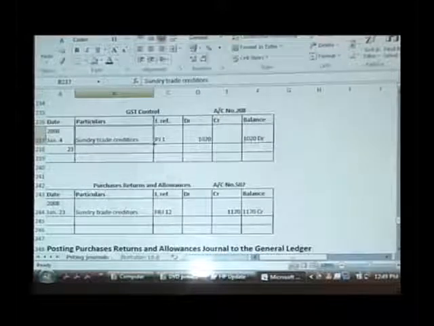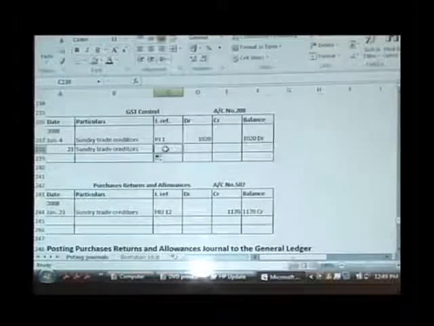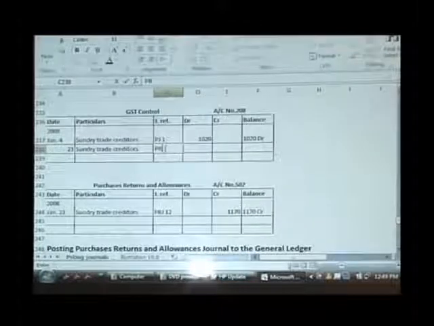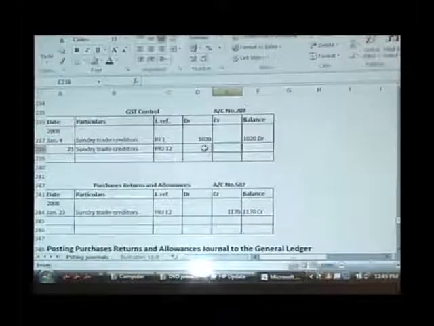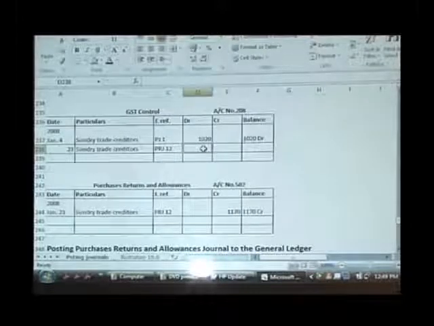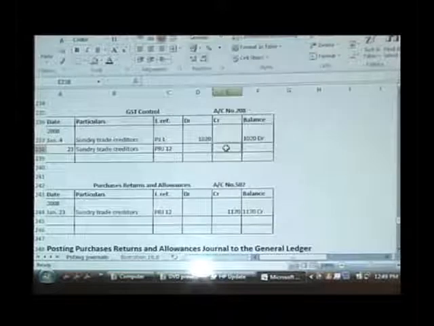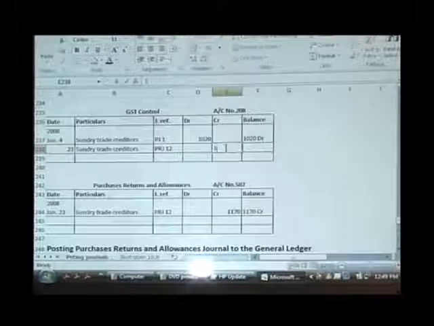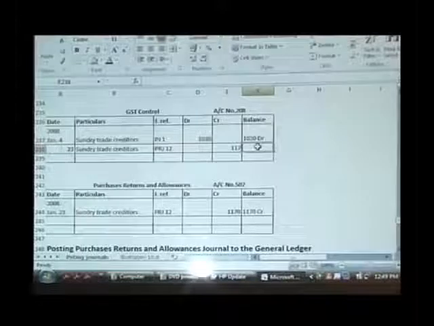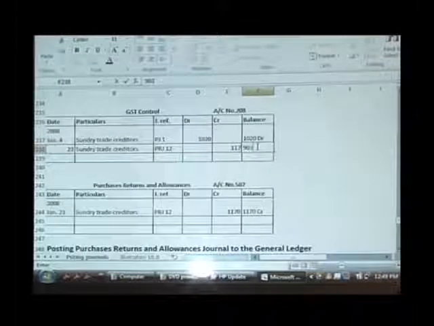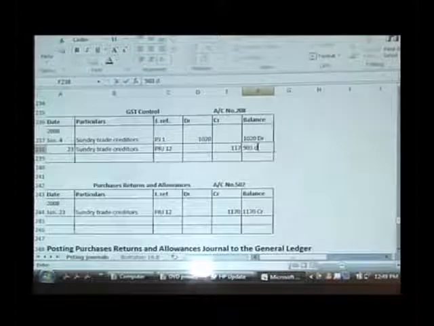Sundry trade creditors, purchases returns journal, page number 12, and the amount is $117. Therefore, the balance is 903, still a debit balance.